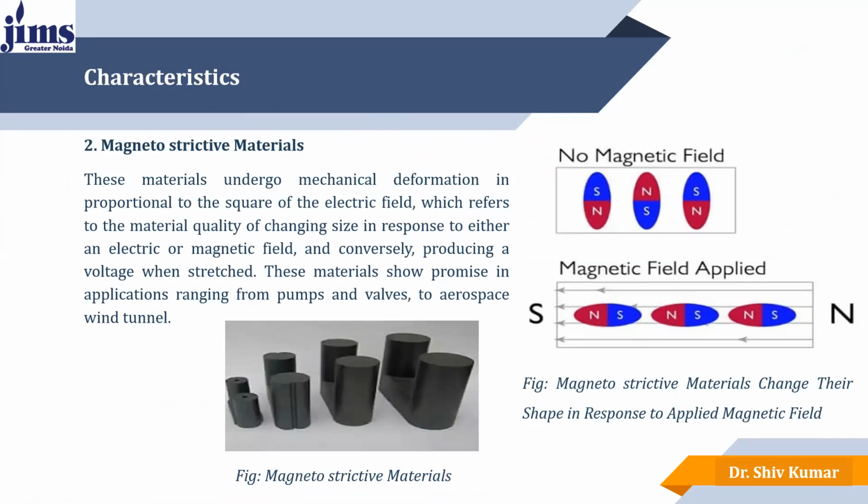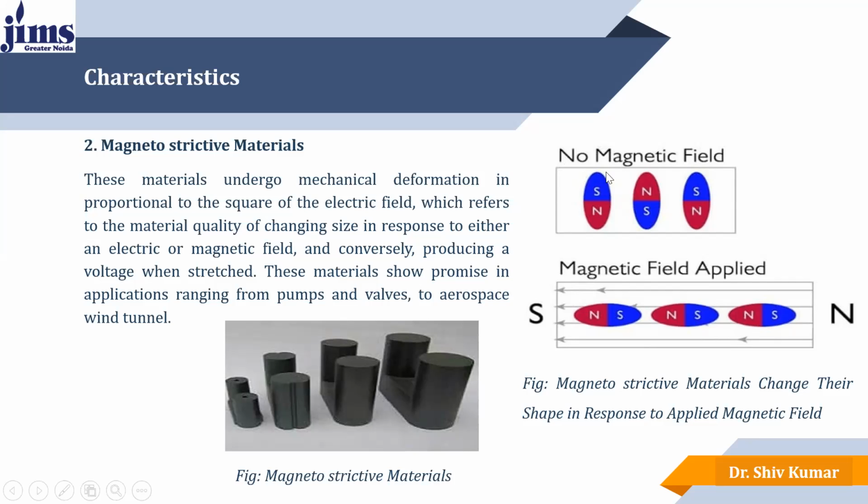The next is the magnetostrictive materials. When these materials undergo an electric field or a magnetic field, the material changes its shape.